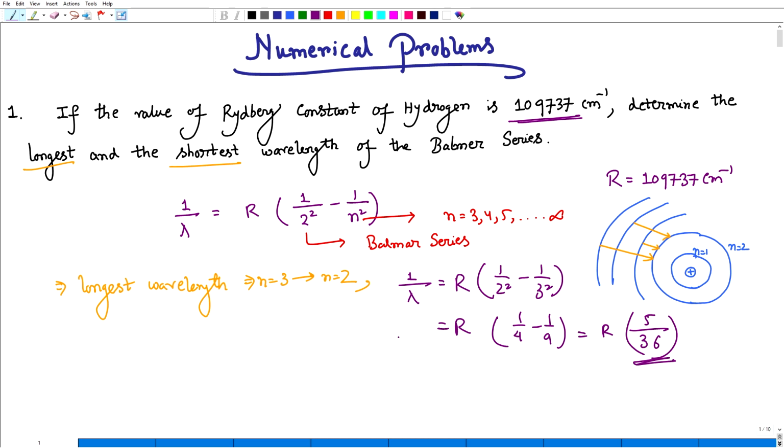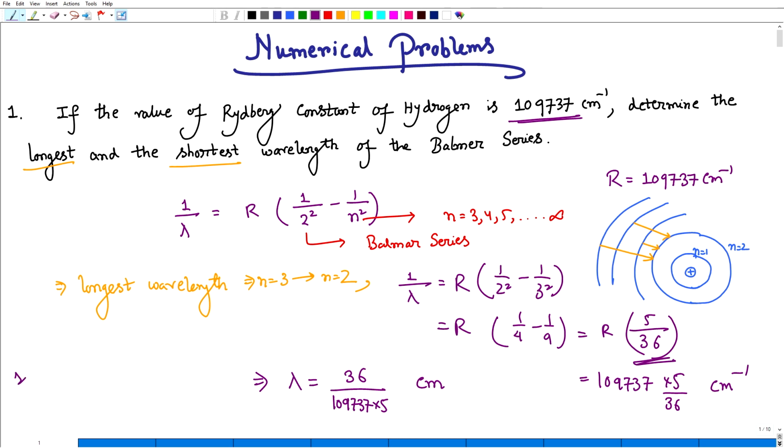So, the unit of lambda will be determined purely by the unit of R. R is 109737 into 5 by 36, and it is centimeter inverse. So lambda should be 36 divided by 109737 into 5 centimeter. Okay, so this should be the longest wavelength, but we have to do this calculation now. So now this is centimeter.